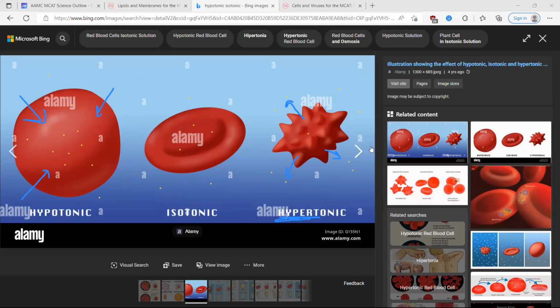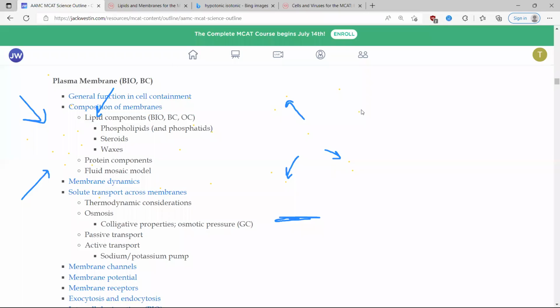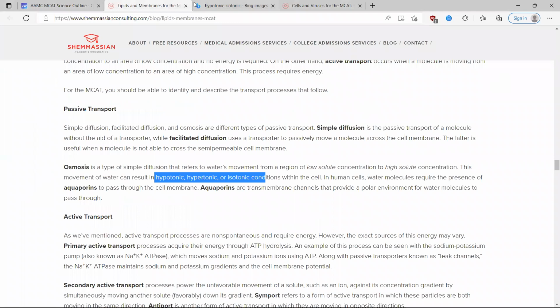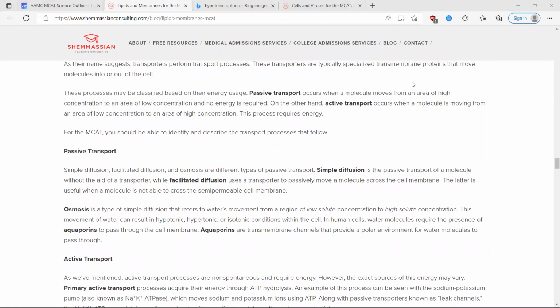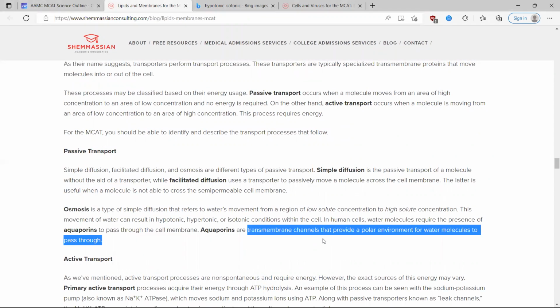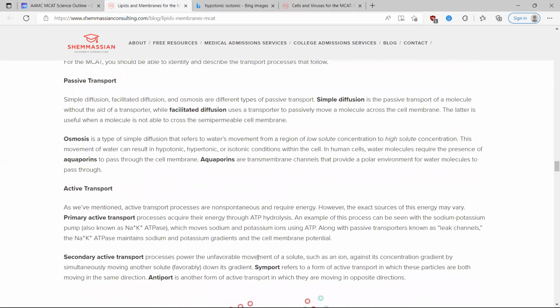Okay. So now I gotta clear this all out. Osmosis. Then there's also aquaporins, which are again facilitated transmembrane channels that allow water to come through in a facilitated way, right?